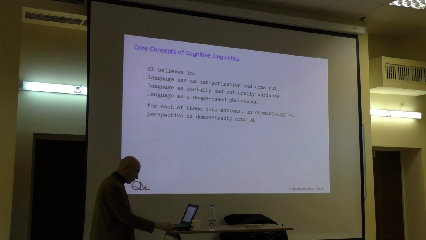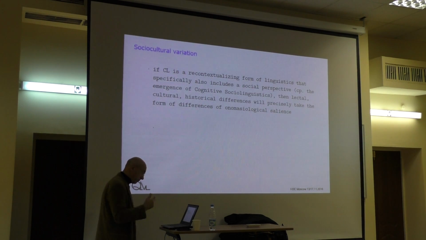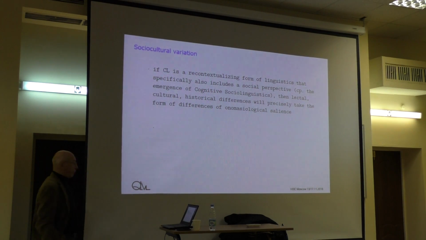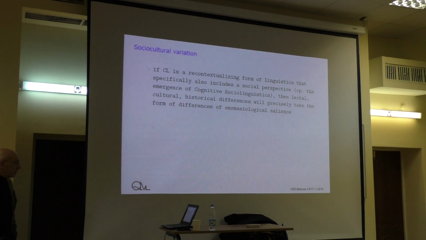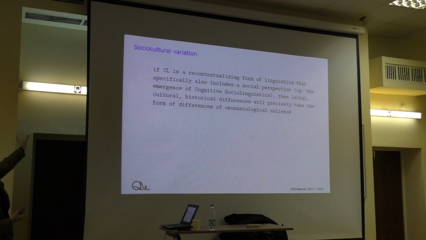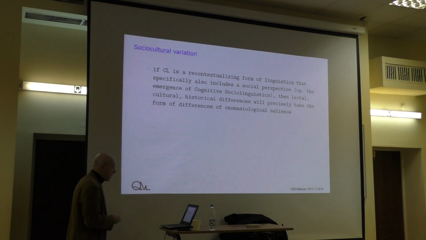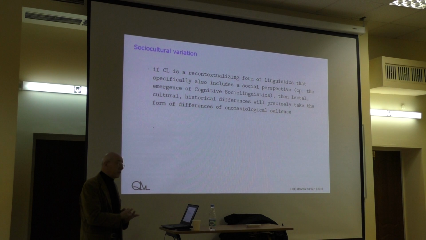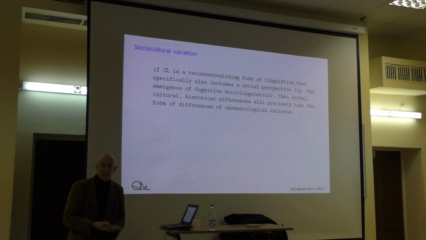Language as socially and culturally variable. Well, if the approach that we're looking at is recontextualizing in the way in which I described it, and a recontextualizing approach that specifically also includes a social perspective, remember the top left corner of the figure, then lectal, cultural, historical differences will precisely take the form of differences of onomasiological salience.